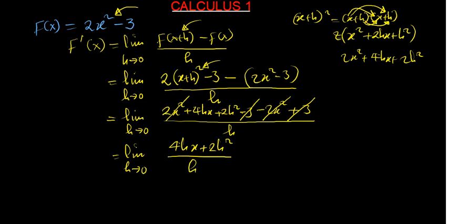So what is on top, we can see that h is common, so we can factorize. That is going to give us a limit as h approaches 0. So if we remove an h, what we are going to remain with is 4x plus 2h, and then divided by what? By h. Is that clear there?